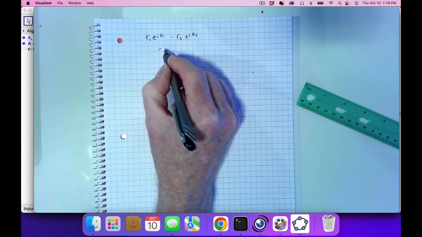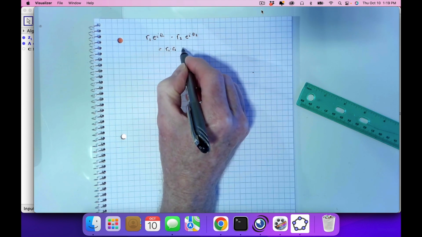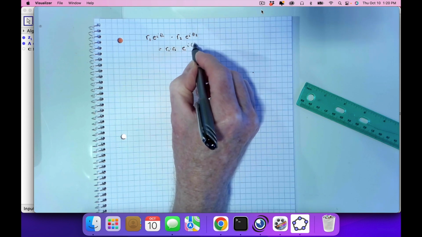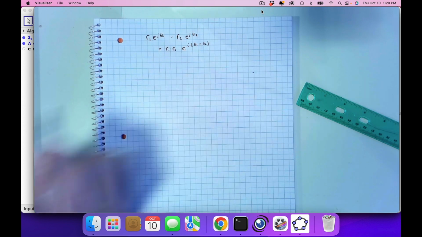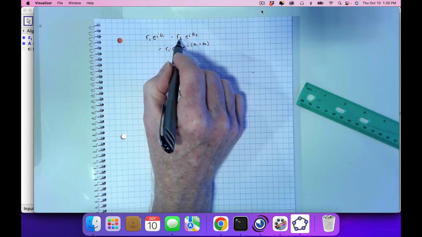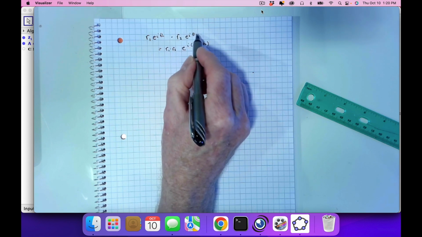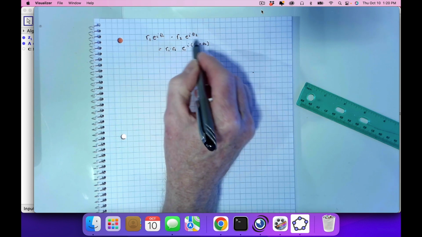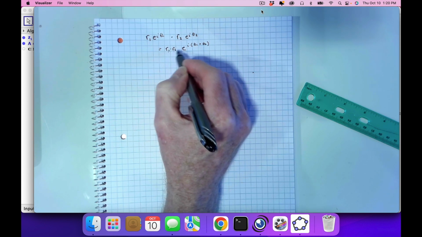That's going to be equal to r1 times r2, and the angles will add. So when you're multiplying a complex number by another complex number, what you're doing is changing its magnitude and changing its angle. Magnitudes multiply, the angles add.